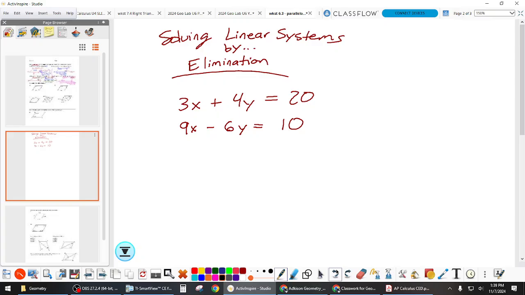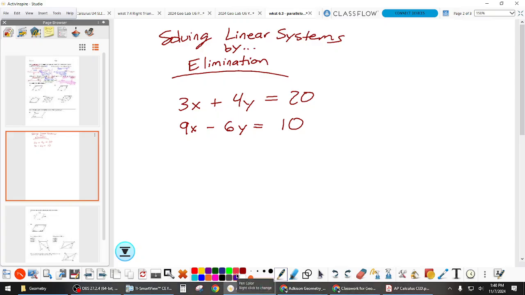We need to make one of these sets of coefficients match. We could either make the 3 and the 9 match or the 4 and the 6. So you tell me, in this case, which one is easier to do that. Is it easier to match these first two, 3 and 9, or 4 and negative 6? It's easier to do 3 and 9. Okay, so when I say match, we're not doing anything tricky, we're just multiplying.